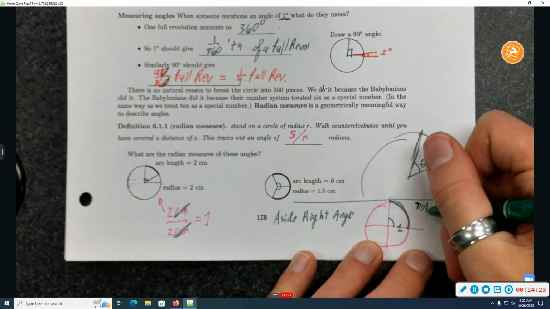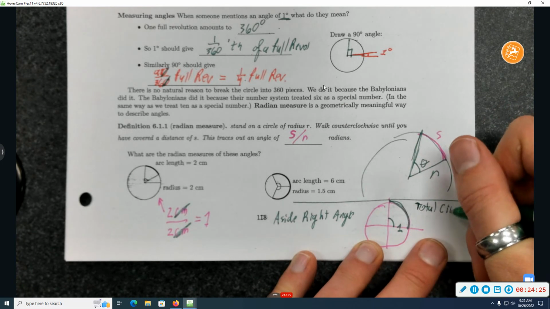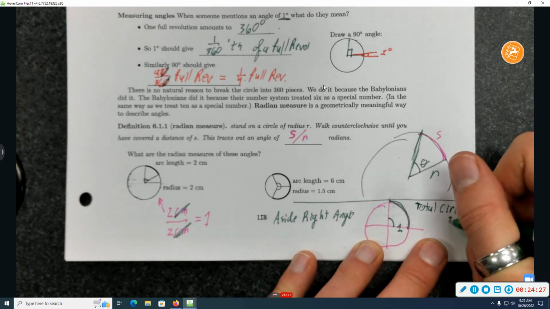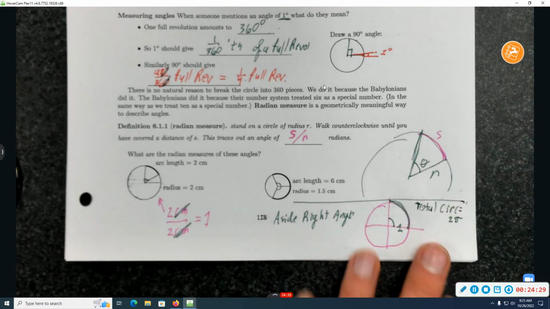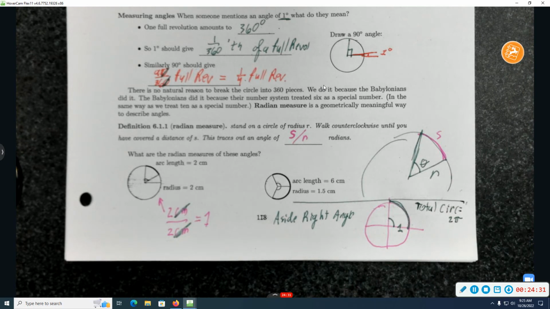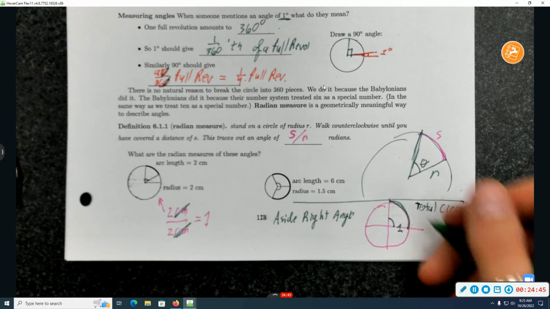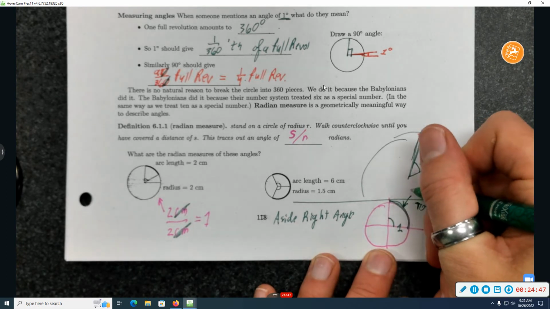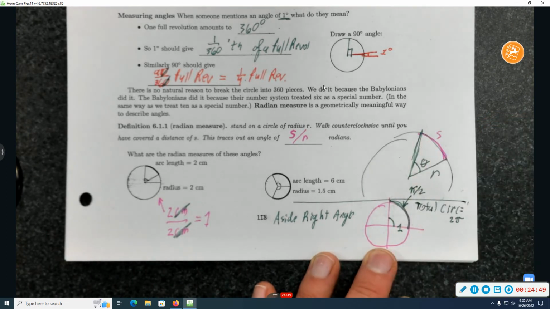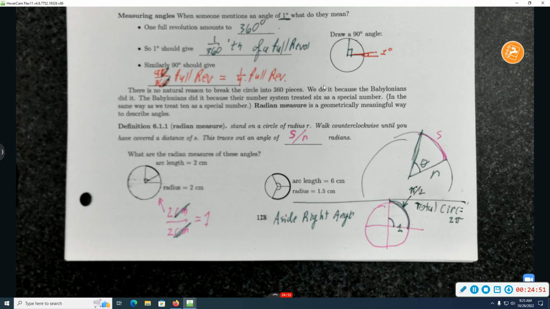So the total circumference is equal to 2 pi times 1. How much of that does this angle take up? A quarter of it? Yeah, so I'll divide that by 4. This length will be pi over 2, because that's 2 pi divided by 4.